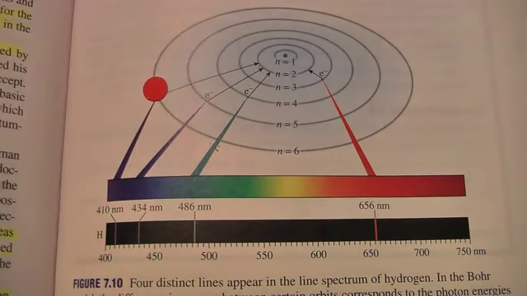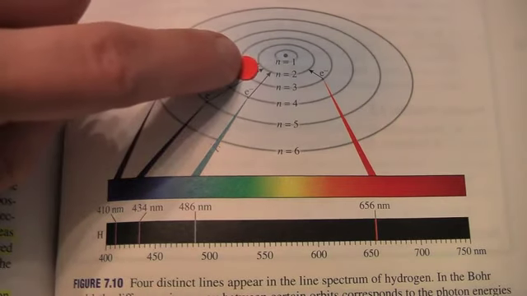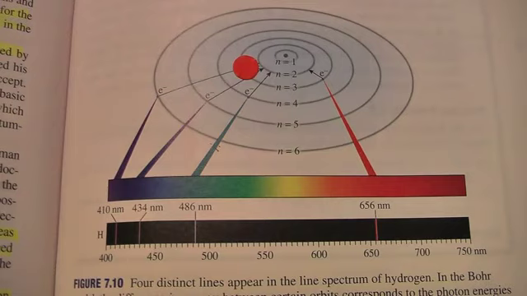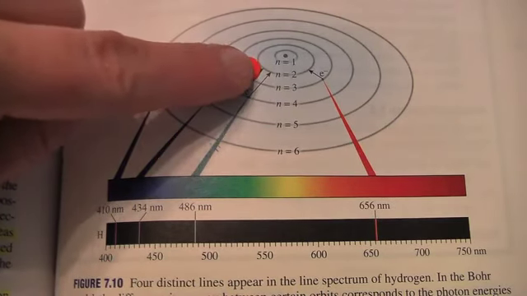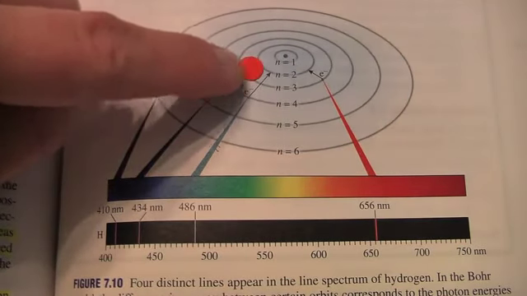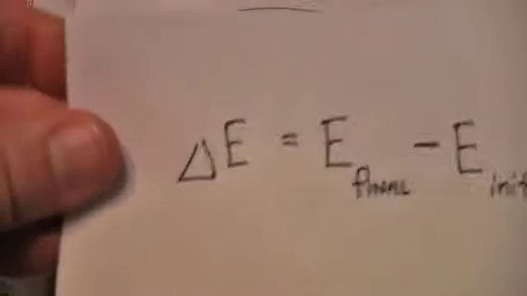If I have an electron in an outer orbit, and that electron moves to a closer orbit to the nucleus, it will emit energy. Compared to an electron that begins at an orbit closer to the nucleus and moves out, that will absorb energy. That brings us to an equation where we can talk about the change in energy.